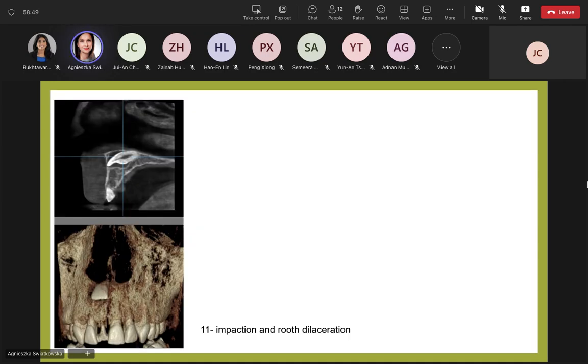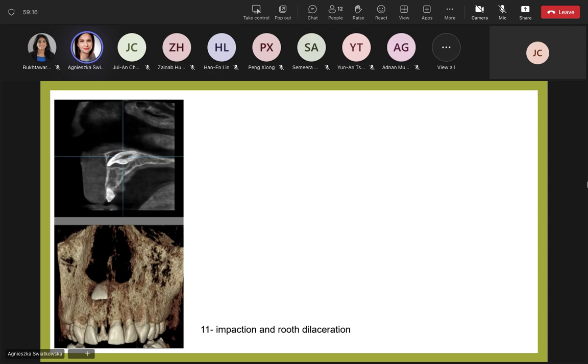Here you can see impaction of the central incisor. Here you can see still the deciduous tooth. This tooth was impacted palatally, and this tooth has also a little dilaceration, but also we have problem with ankylosis.